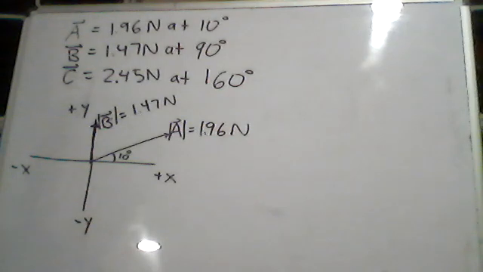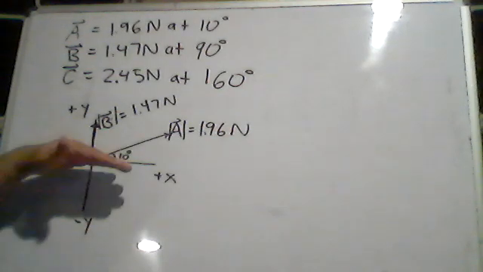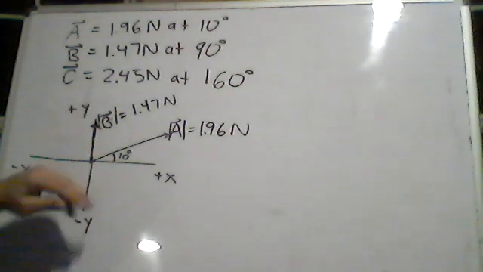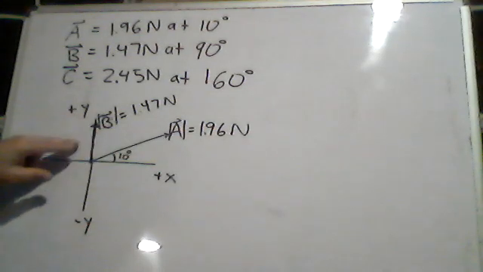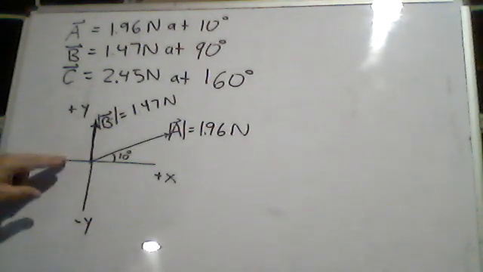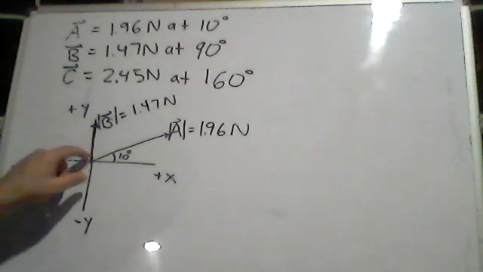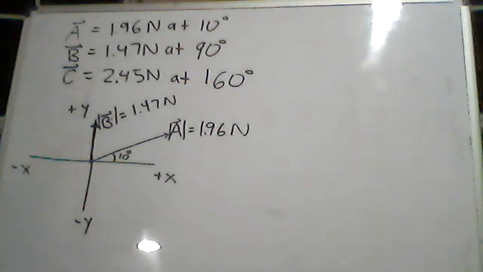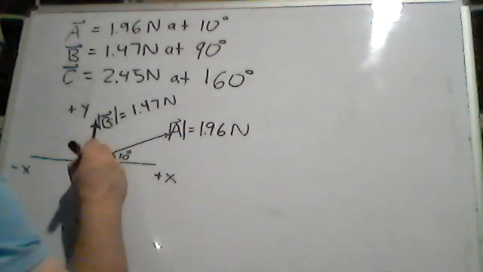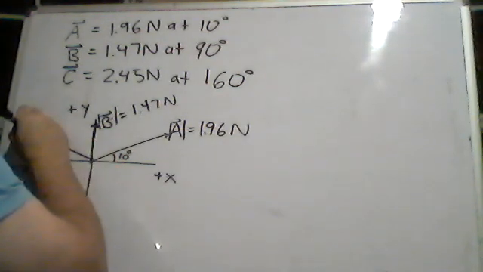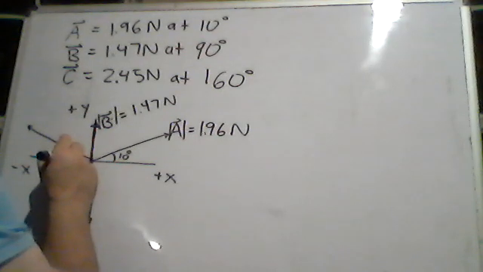And then C. Well, C is 160 degrees. Okay, well, remember, halfway around this unit circle is 180 degrees. So I could draw this a couple different ways. I'm choosing to draw this as a 20-degree angle right here.